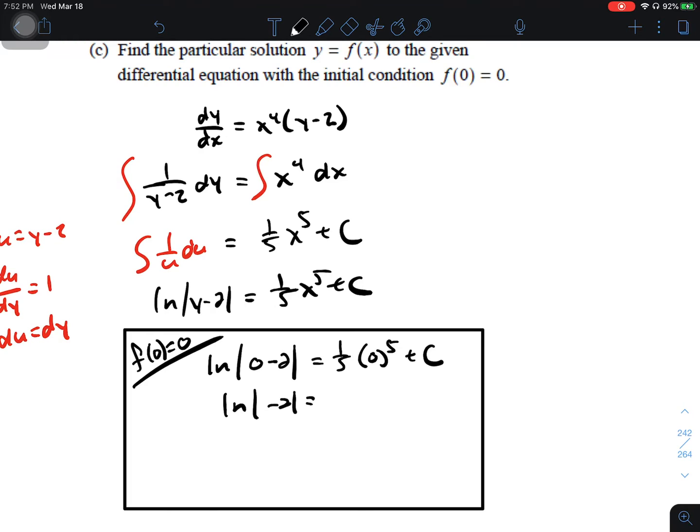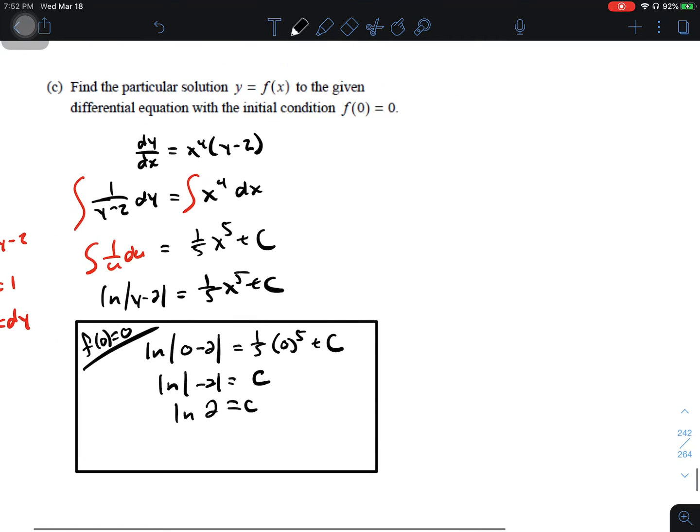That's natural log of 2 equals 0 plus c, which is c, of course. This is natural log of 2 equals c. So now we can say that natural log of the absolute value of y minus 2 is going to equal 1/5 x to the 5th plus natural log of 2.